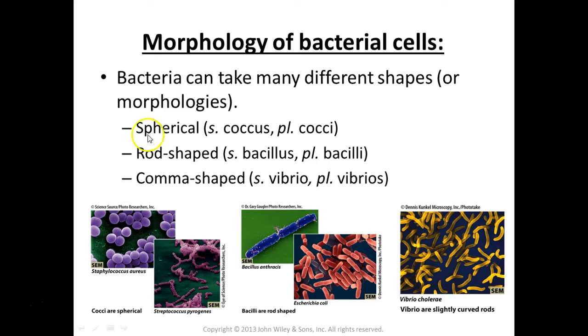So ones that are spherical, like a ball, are called a coccus if you're looking at a single cell. If you're looking at multiple cells, like in this picture, these would be cocci. This is Latin. And for me, how I remember plural from singular, it kind of is the opposite of what we're used to.